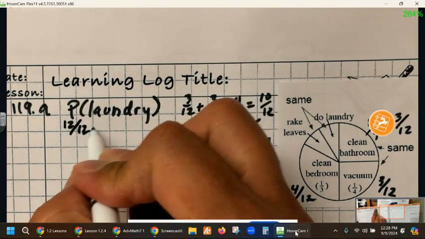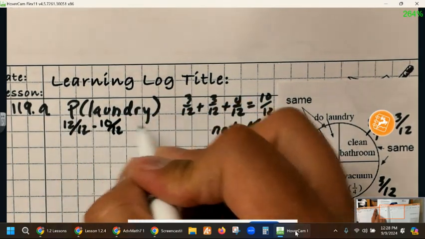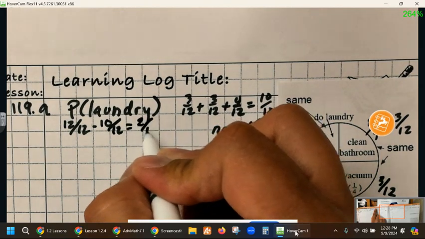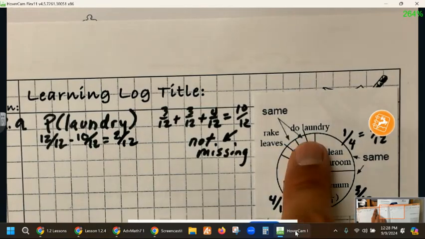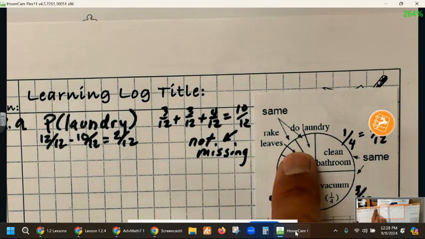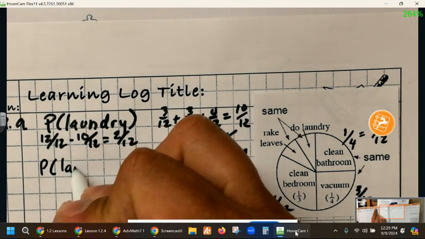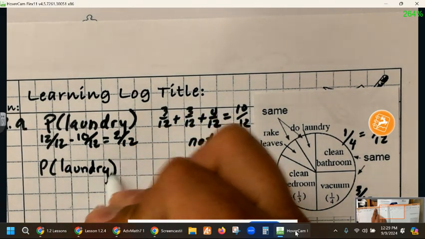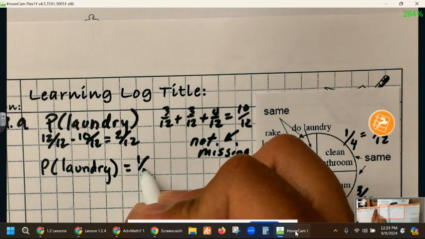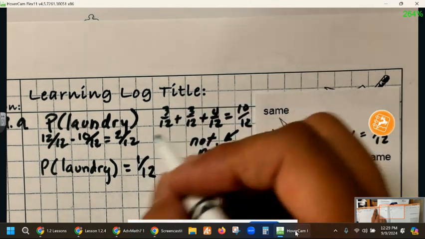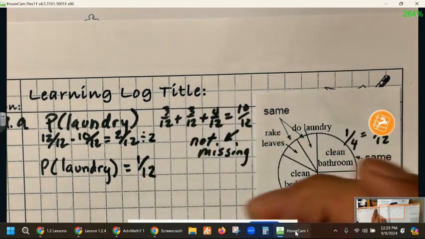We have 12/12 minus 10/12, which is 2/12. So that means that these two together make 2/12, and since they're both the same, the probability of laundry is 1/12. Right? So we would just divide this by 2.